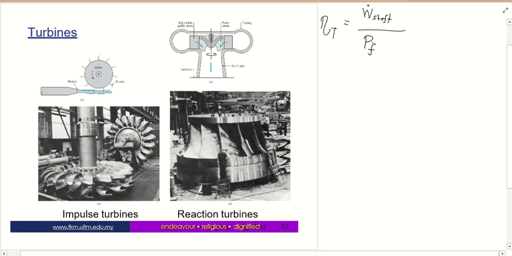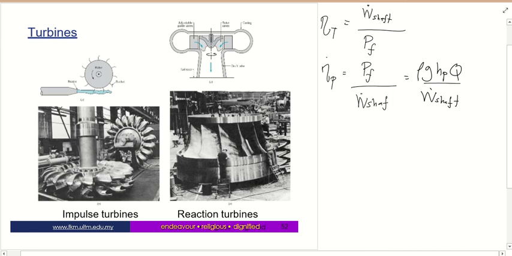This is how to define the efficiency for the turbine. If you recall, for the pump, efficiency is the power from the fluid divided by W dot shaft, so rho g H pump Q divided by W dot shaft. You have to bear in mind how to define the efficiency for the turbine.